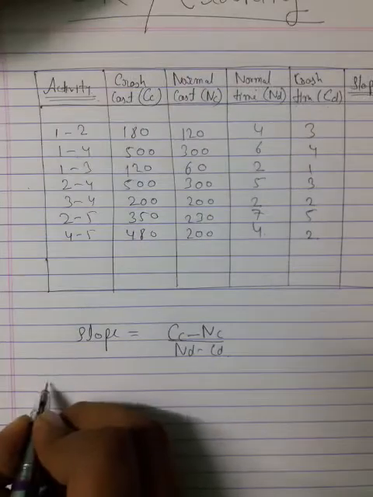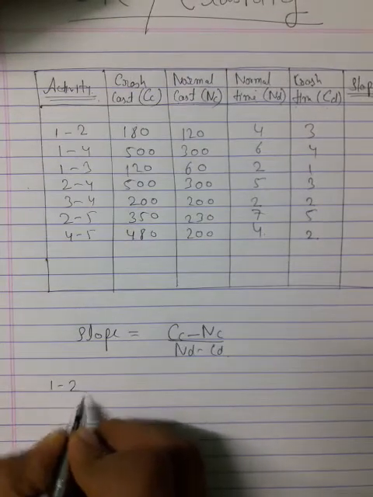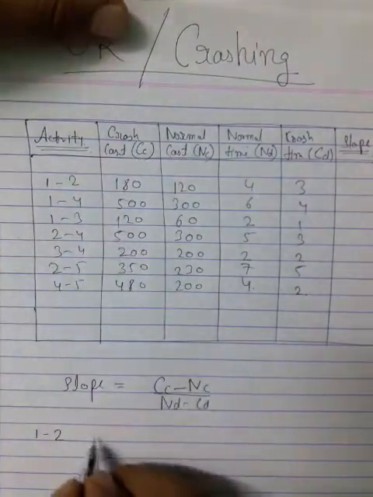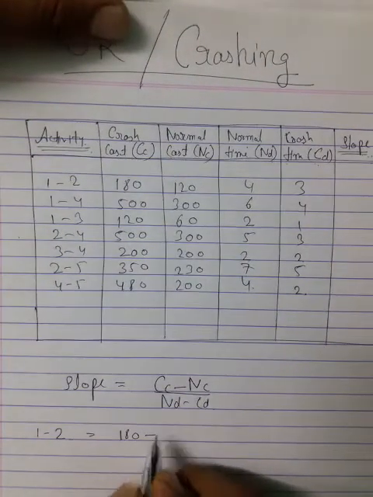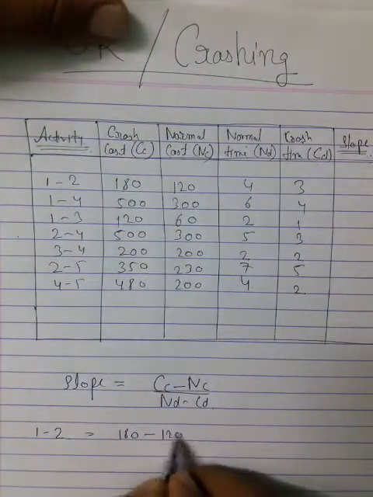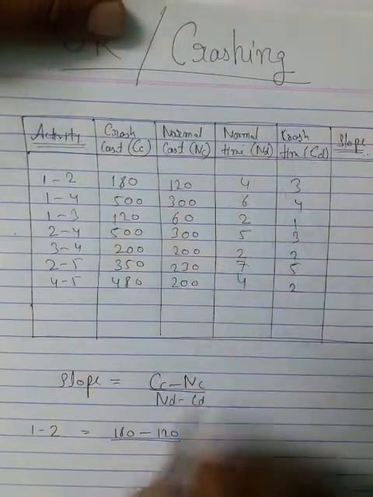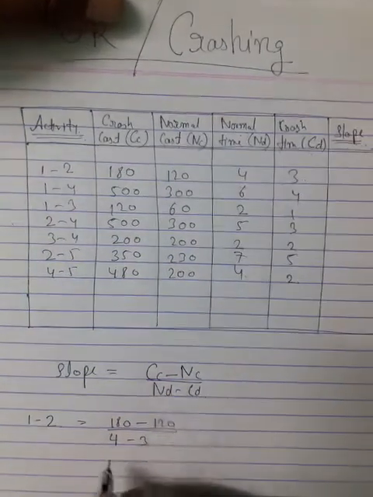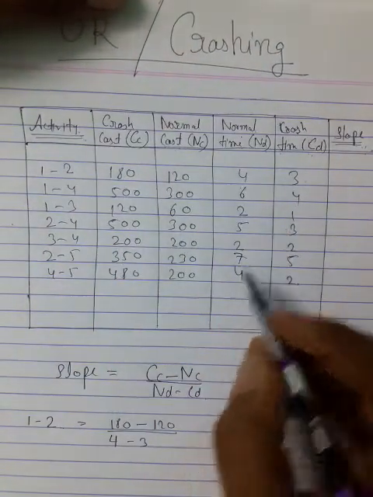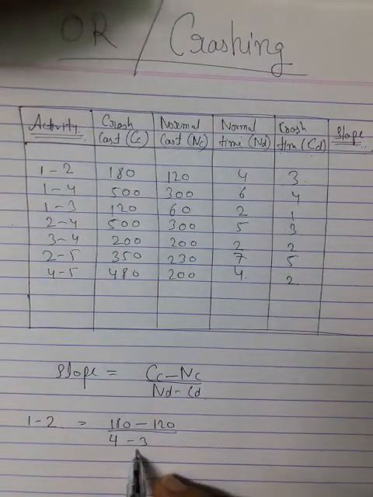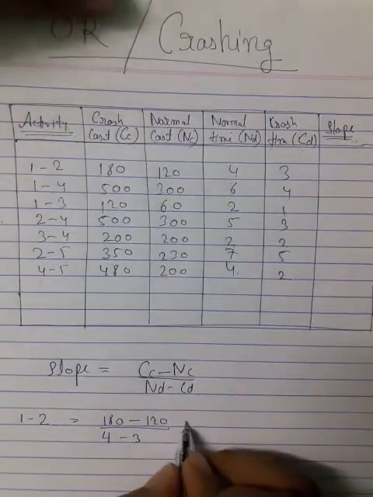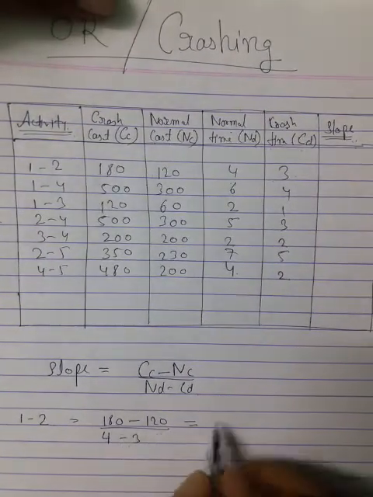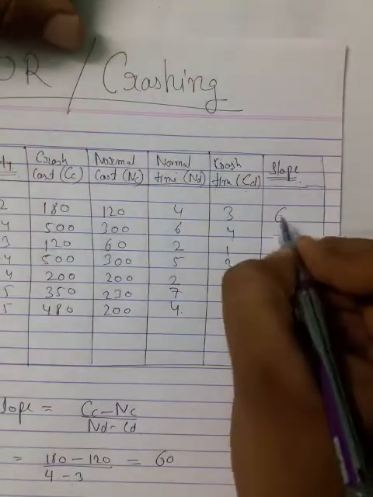For the first activity 1 to 2, you have crash cost 180 minus normal cost 120, divided by normal duration 4 minus crash duration 3. I made it in sequence so that I can easily put it in the slope format. Here you get 60. Write it here, 60.